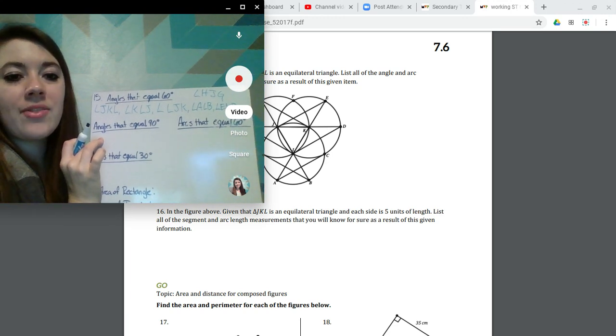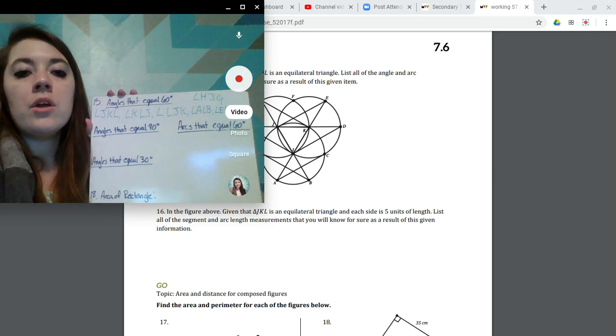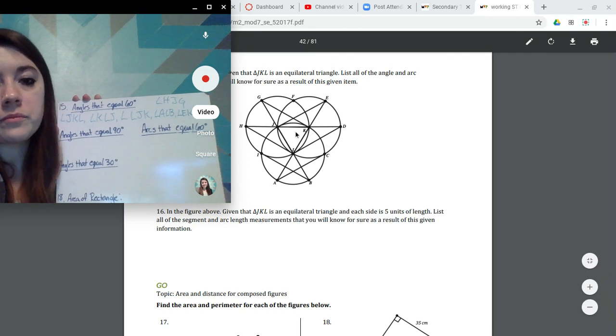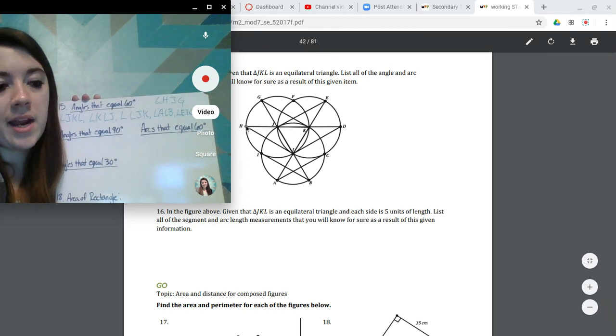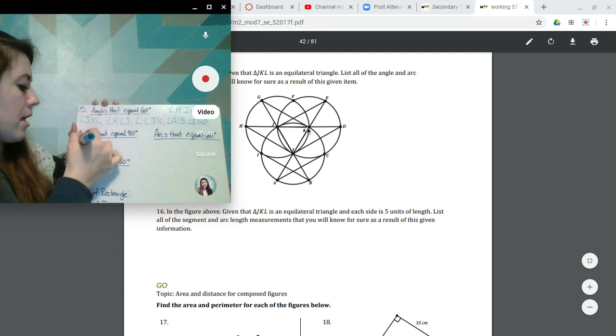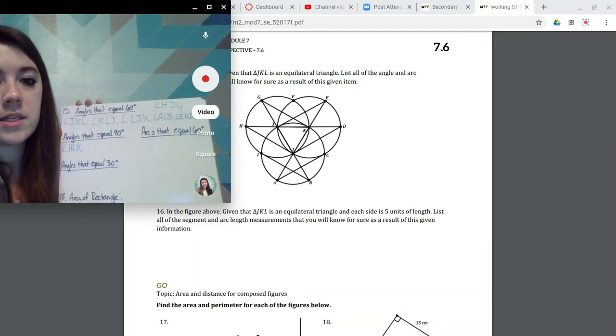So now we're going to look at the angles that equal 90 degrees. So if we look in here, we've got this right here, HLK. If you notice, it forms a right angle. So angle HLK is 90 degrees.